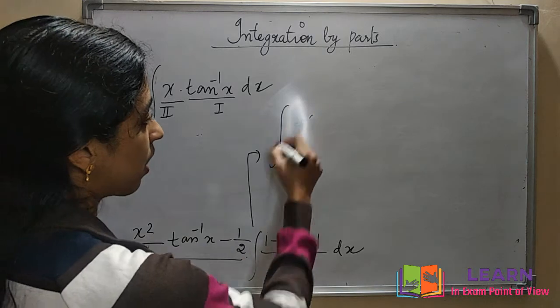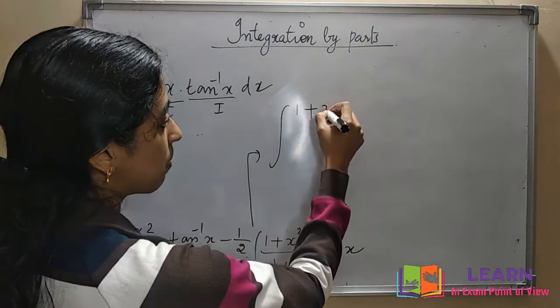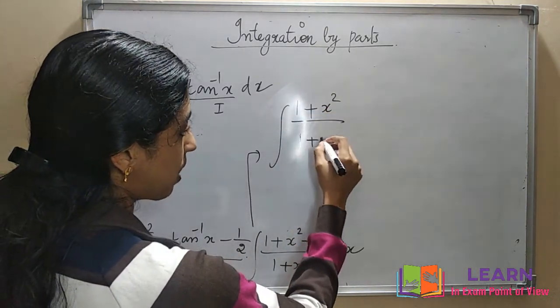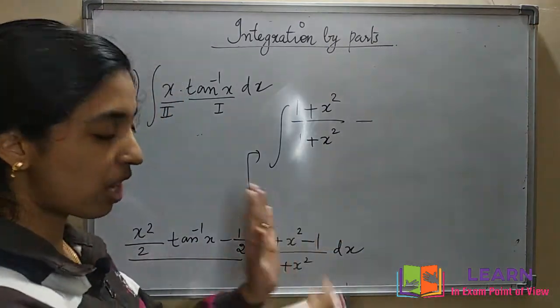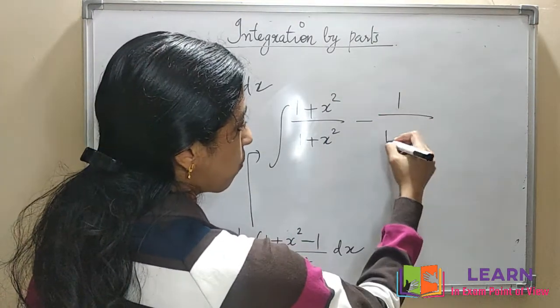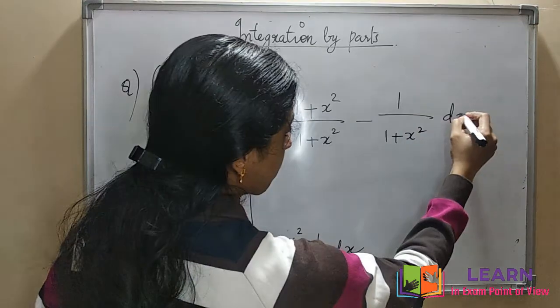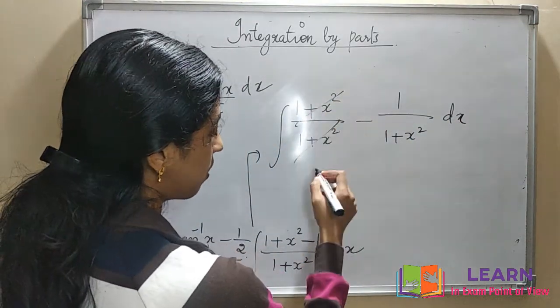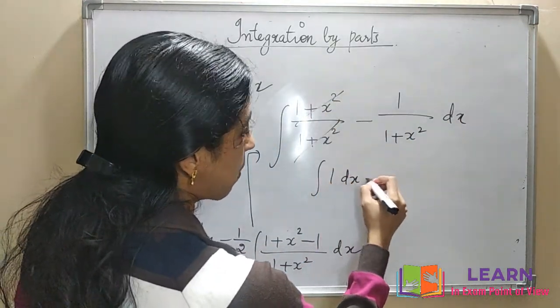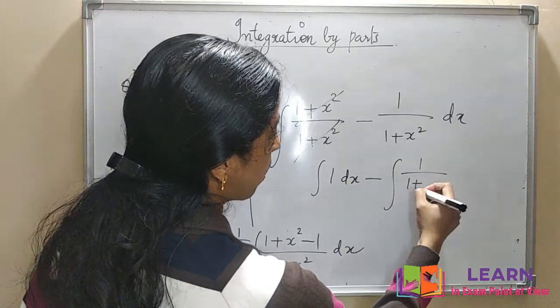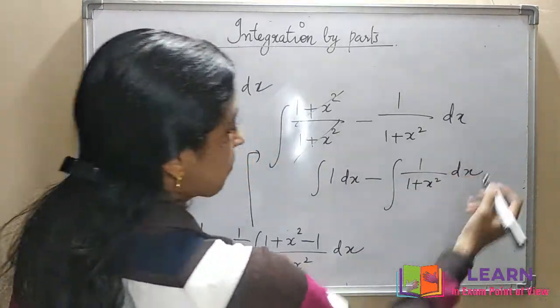That is the integral of 1 plus x square by 1 plus x square, minus, as we are splitting it, 1 by 1 plus x square dx. On cancelling this, we will get integral 1 dx minus integral 1 by 1 plus x square dx.